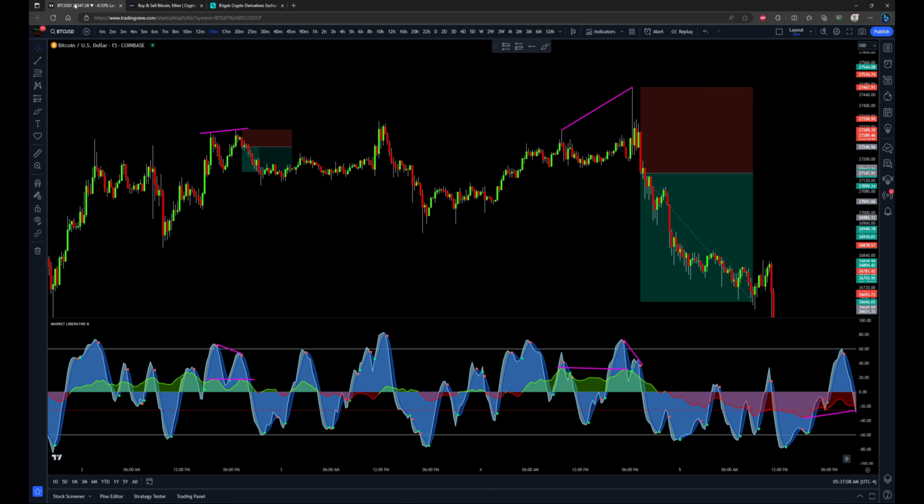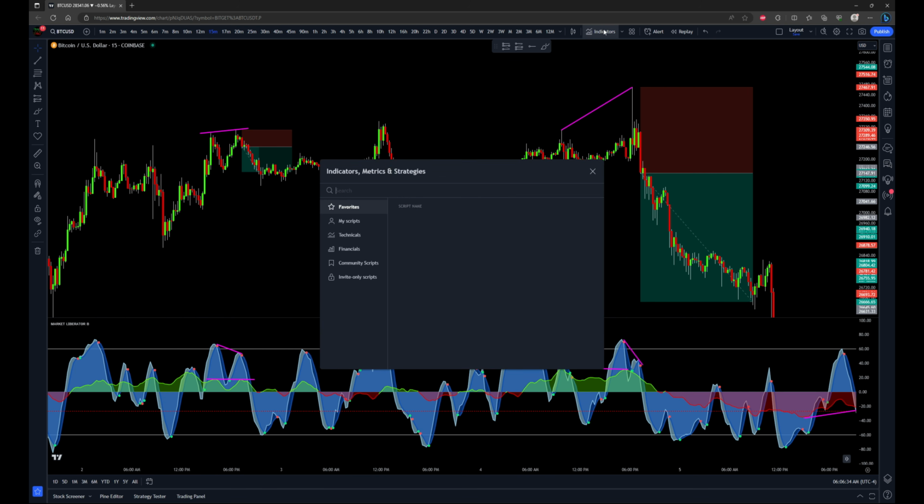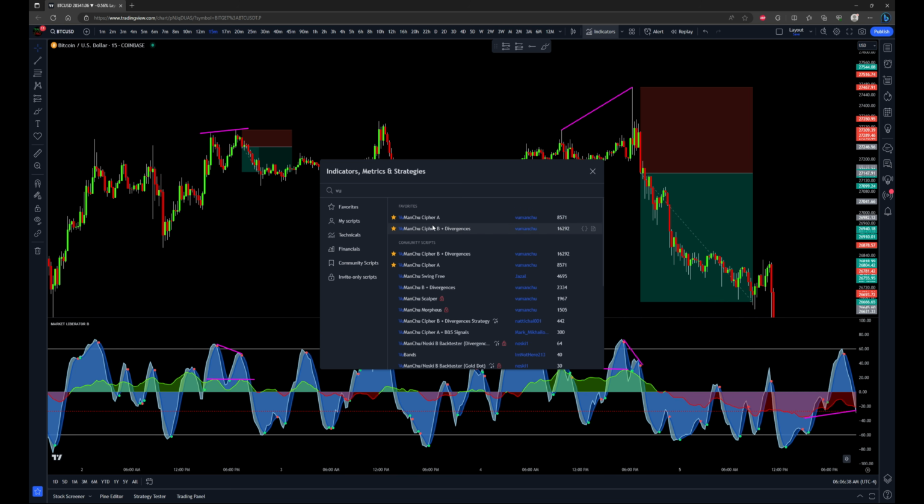Now, let's get into the strategy rules, starting with the indicator itself. The one and only indicator being used for this strategy is called Market Liberator B. There are two other indicators very similar to this one. One is called the Fu Manchu Cipher B plus divergences, which can be found for free in the indicator library. It's called Fu Manchu Cipher B plus divergences here in the public library.